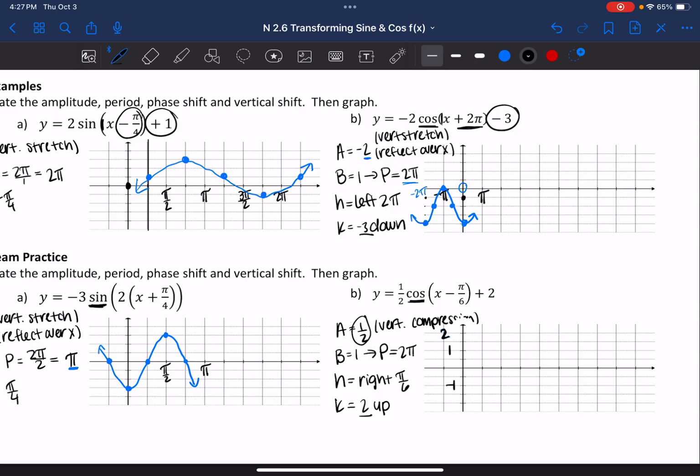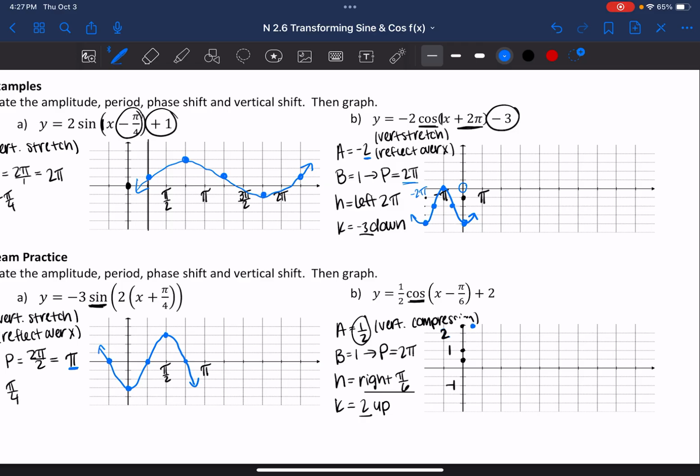Okay. So whenever I said that it normally would have started at 1, but it had a vertical compression of a half, 1 times a half would have moved me back down here. And then I would have had to shift up 2 units. So a half plus 2 would put me up here at the top. And we also are told to shift right pi/6. So pi/6 would not be a full line over, so that would put my point right here.